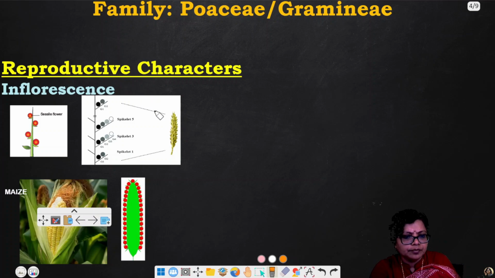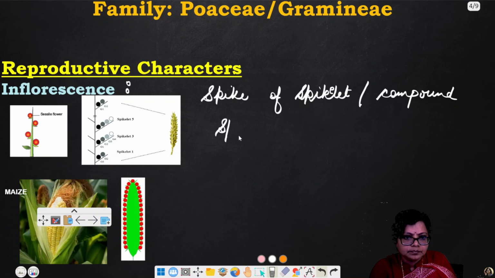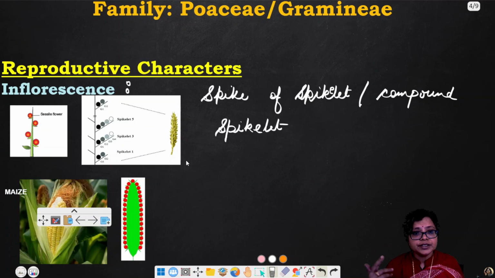In the members of the family Gramineae or the Poaceae, we observe spike of spikelet, it is also considered as compound spike. Compound spikelet.